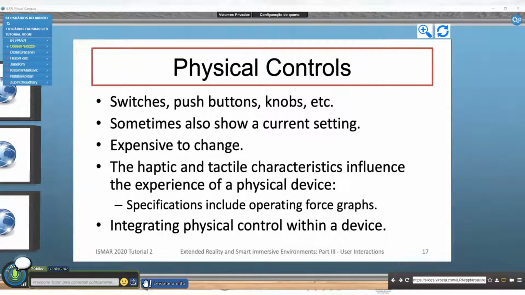So what we want to do if we're going to design a device is to consider how we can integrate physical control within that device. Going back to the example of the smartphone as a smart tangible object, we can provide physical controls or use the touch screen to provide various equivalents to physical controls such as switches or knobs or things like that.